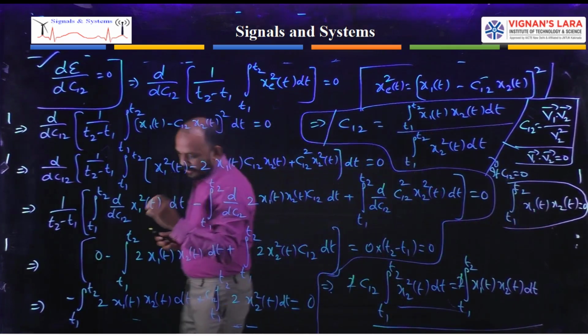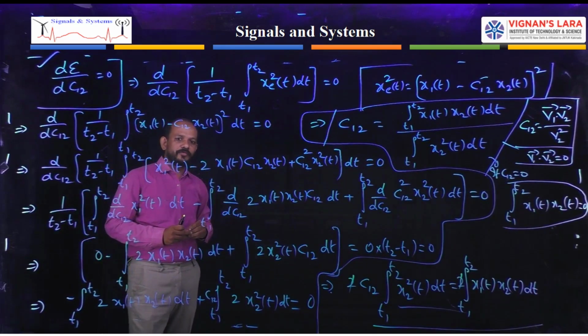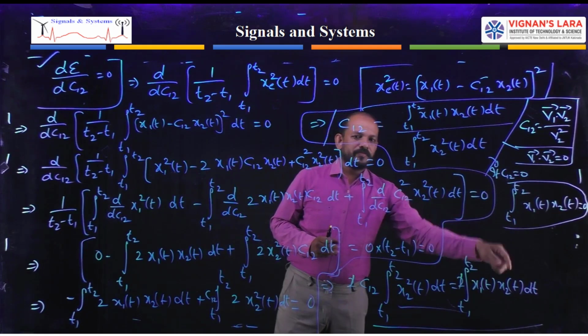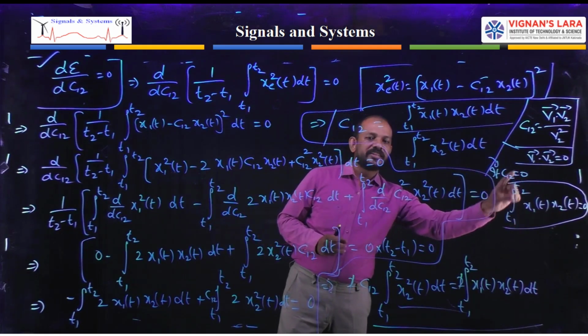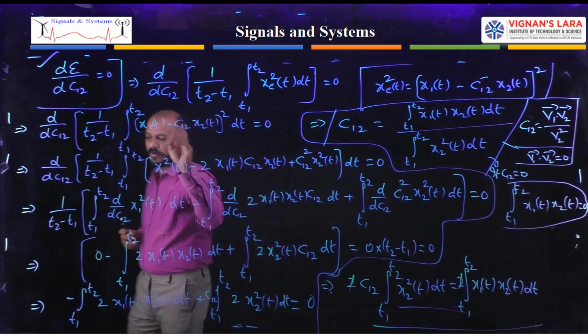That is, for two signals to be orthogonal, first, C12 equals 0, and next, the important one: the integral of the product of the two signals over the given interval must be equal to 0. This is the important condition.